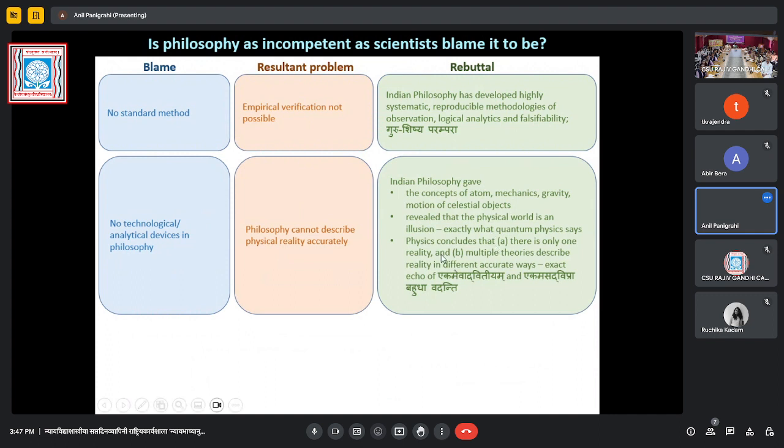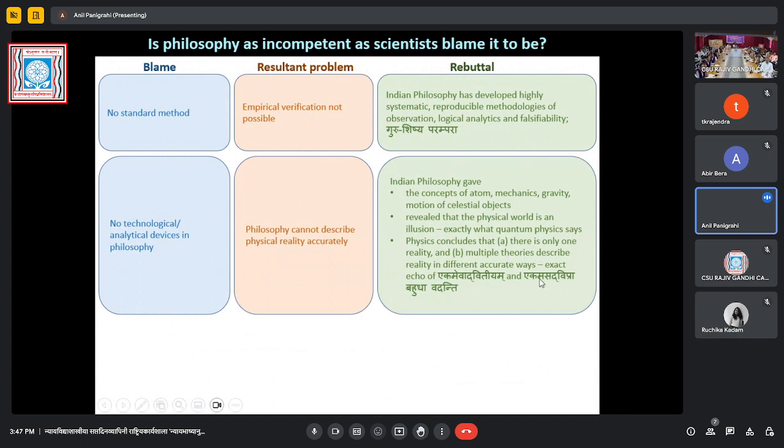Similarly, the physicists conclude that there is only one reality. It's very interesting. And also, multiple theories describe reality in different accurate ways. This is what physics concludes. And look at how eerily identical, exactly the same, this is to what we have.